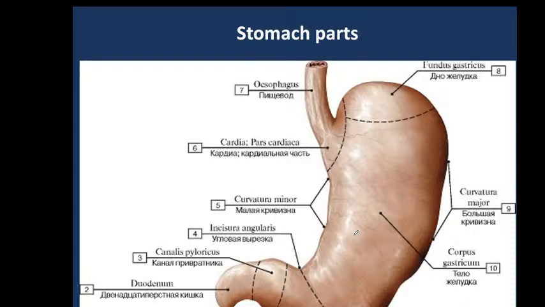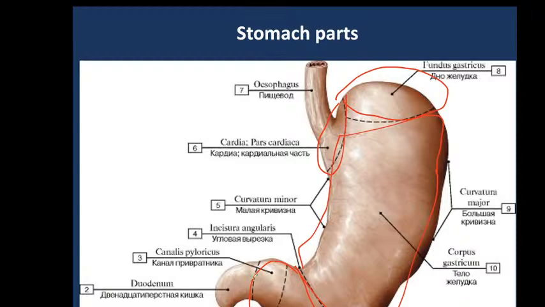There are several parts or regions in the human stomach. The first one we call the cardia. Then this one is the fundus, or the fornix, in other words. The biggest portion is the corpus, or the stomach body, and the last portion we call the pyloric part.